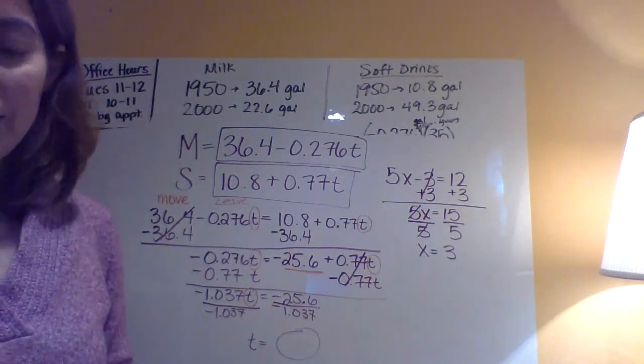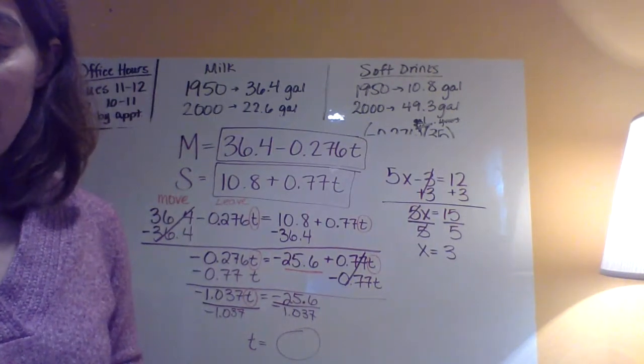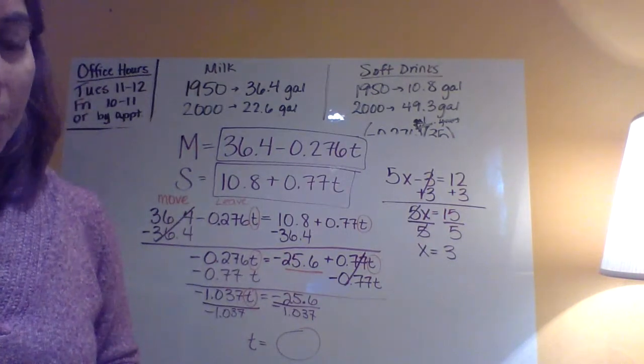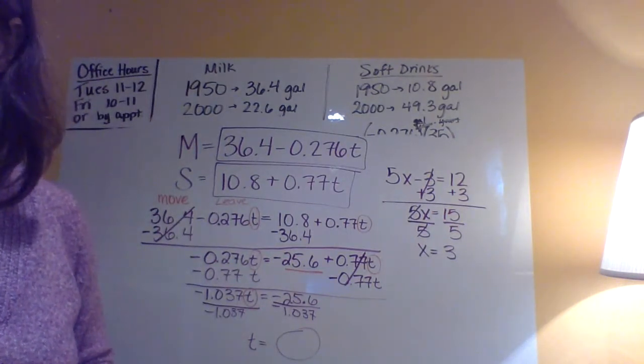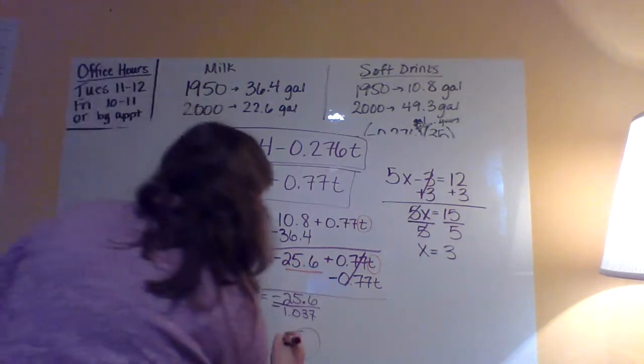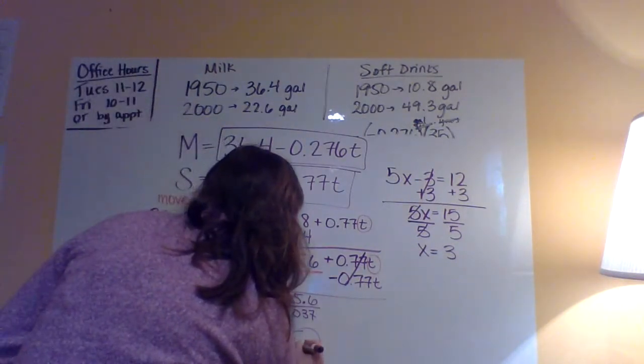That wouldn't really make sense. So I'm going to take negative 25.6 divided by negative 1.037, and I end up with 24.69.